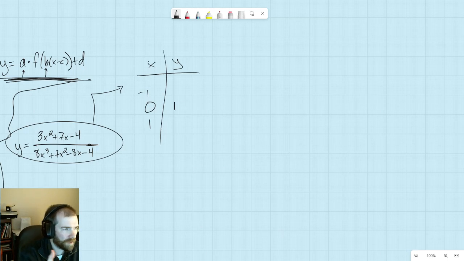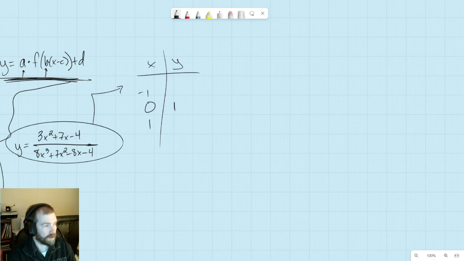So plug in your calculator, and if you've got a TI, the way you want to do this is to plug in your particular function into your y equals menu: squared plus 7x minus 4, divided by parentheses 8x cubed plus 7x squared minus 8x minus 4.